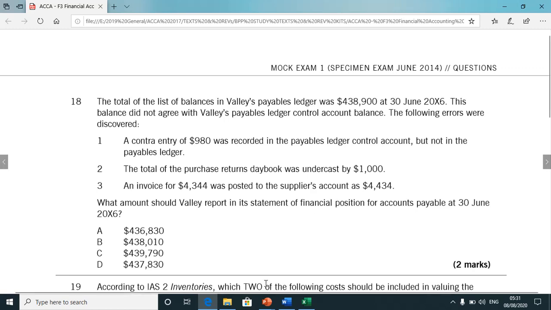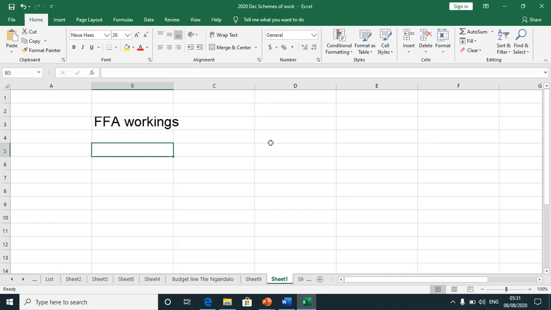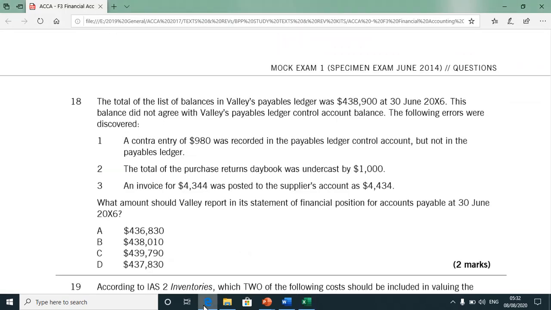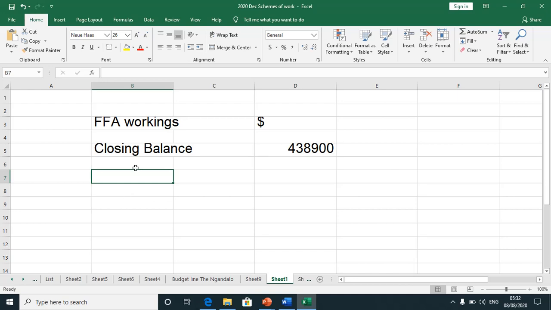So let's write something. 438,900. I hope that this is where we had ended. So closing balance, 438,900, and then we say a contra which was not recorded, 980, less contra.